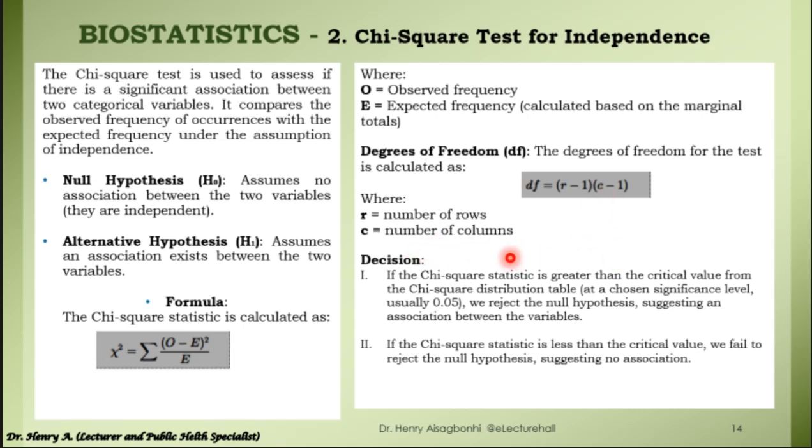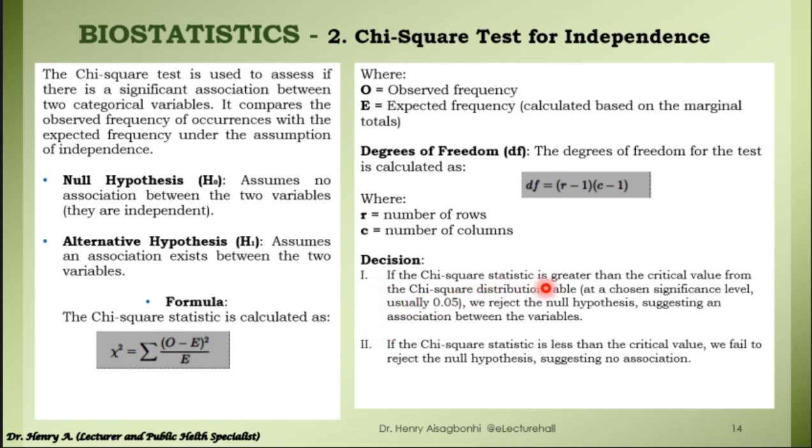Then you have the number of columns, C, minus 1.